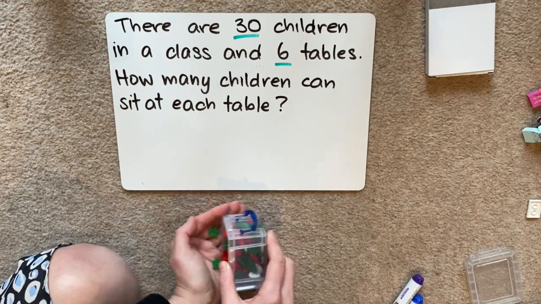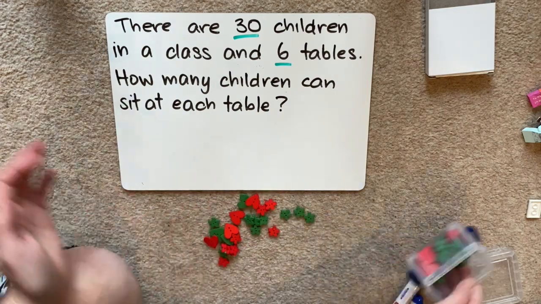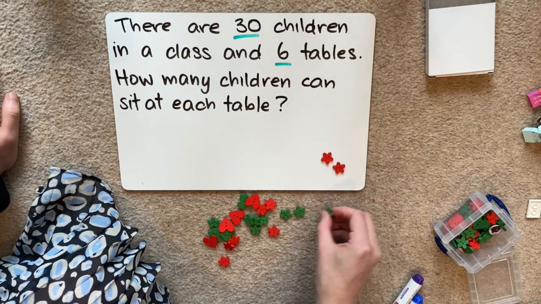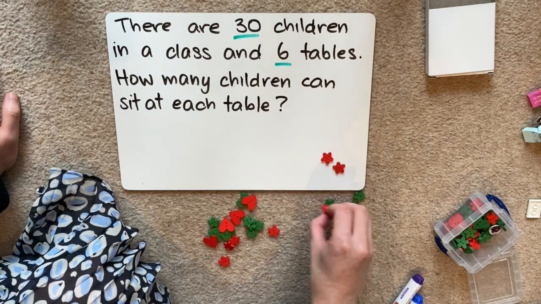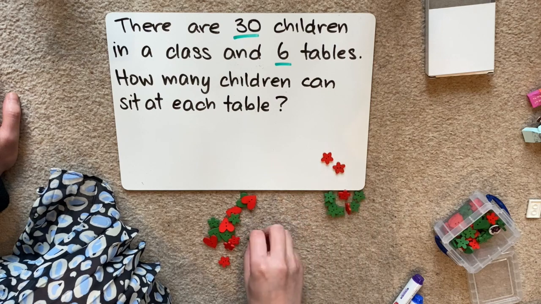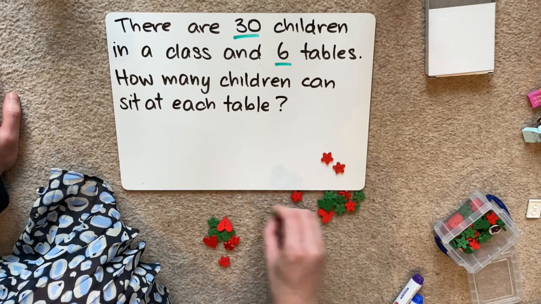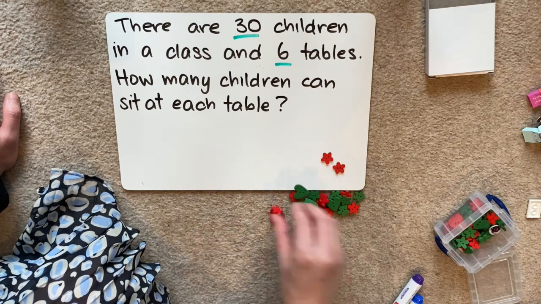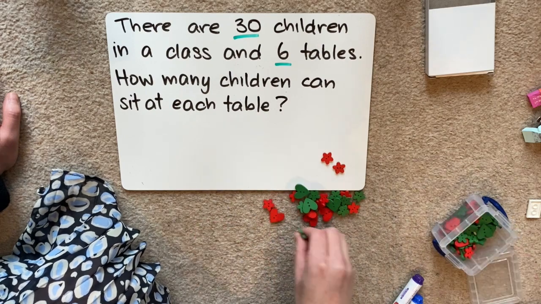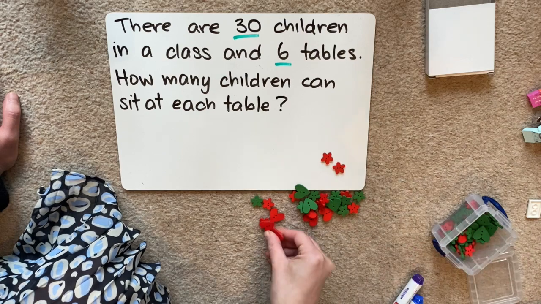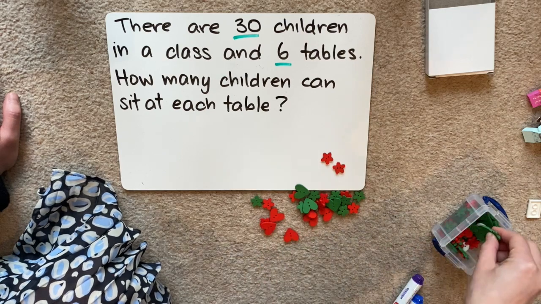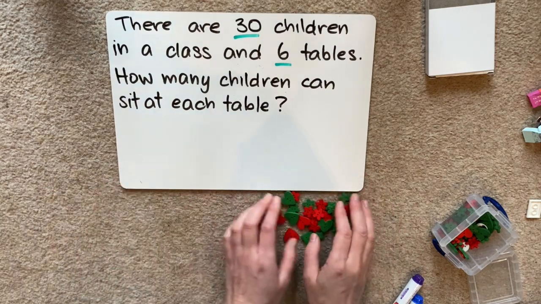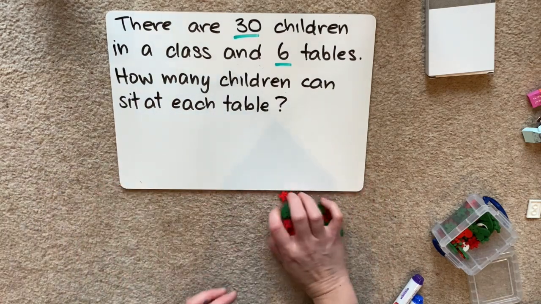Bear with me while I count them all out. 2, 4, 6, 8, 10, 12, 14, 16, 18, 20, 22, 24, 26, 28, 30. Okay, got 30 children and 6 tables.